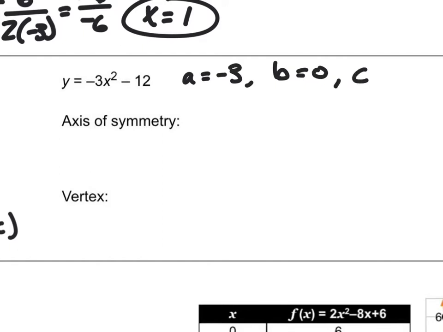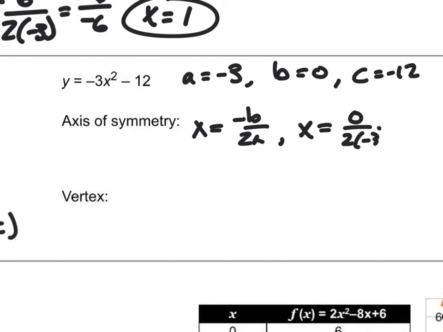And then c is equal to -12. So my axis of symmetry, again, we're going to use x equals opposite b over 2a. Because b is 0, we're going to do x is equal to 0 over 2 times -3, which is just going to give us x equals 0. That's our axis of symmetry.